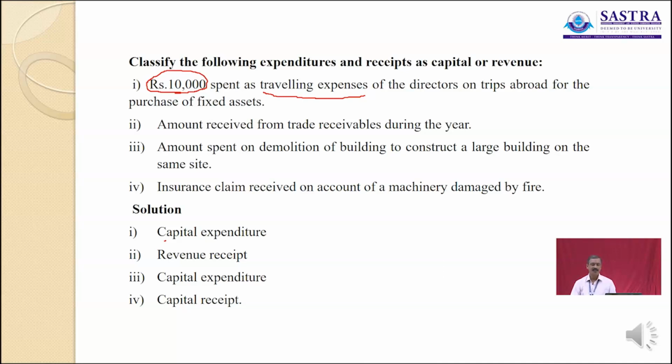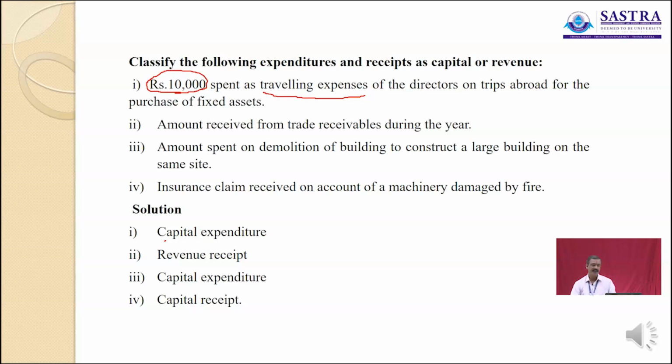Whenever you demolish one kind of building and propose to construct a new building, a large building or extensive building in the same place, such amount of demolition of building will be treated as what? Insurance claim received on account of machinery damaged by fire will be treated as what kind of item?